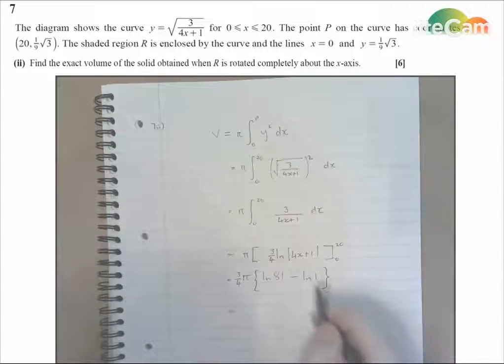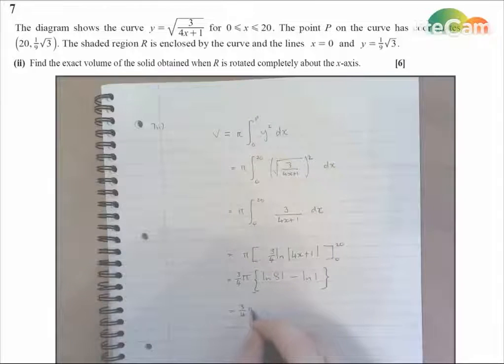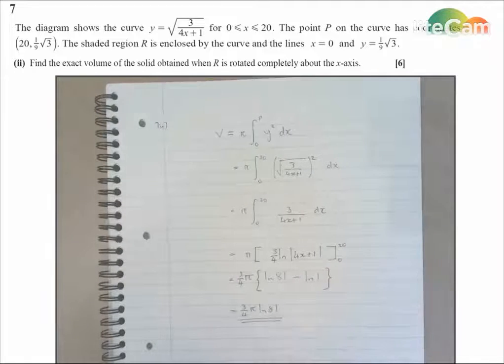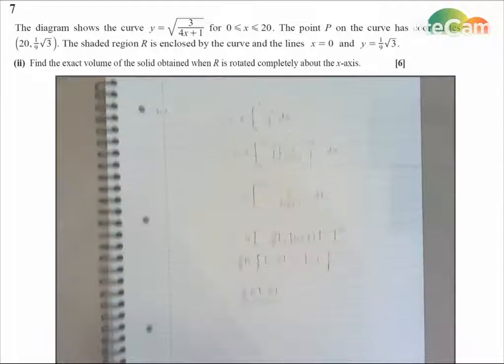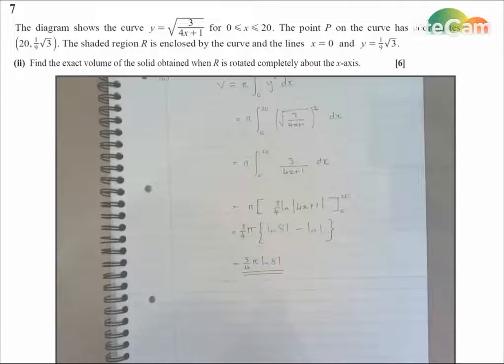This simplifies nicely because log 1 is 0, so we get 3/4 pi times log 81. Don't put that into your calculator because up here it says find the exact volume of the solid, so we don't want any decimals in our answer. We want to leave it as a fraction, and we want to leave the pi and log in the answer.